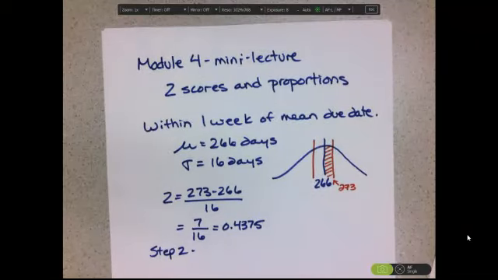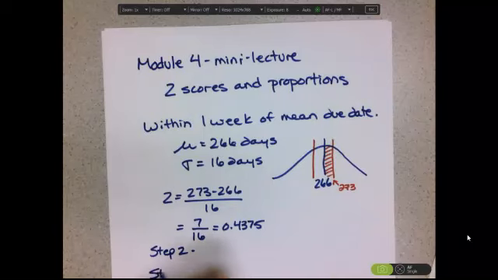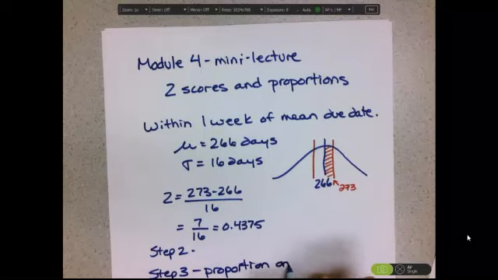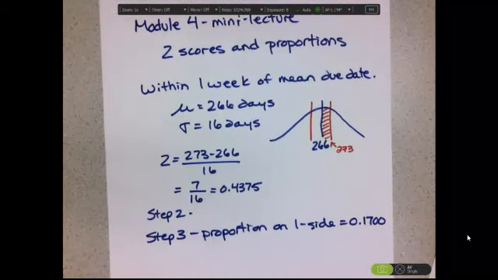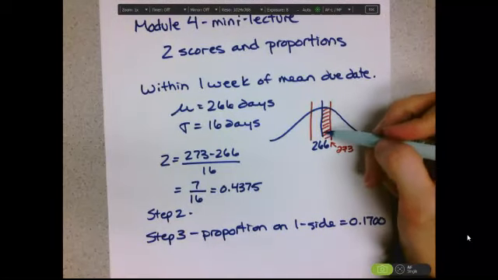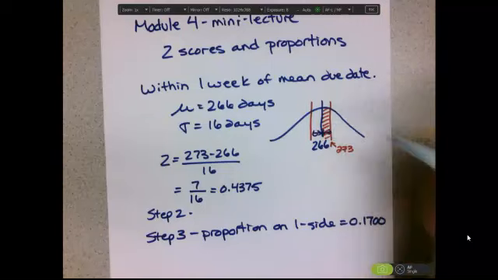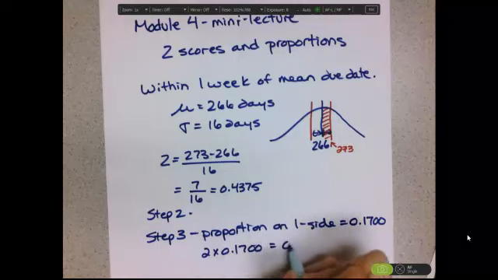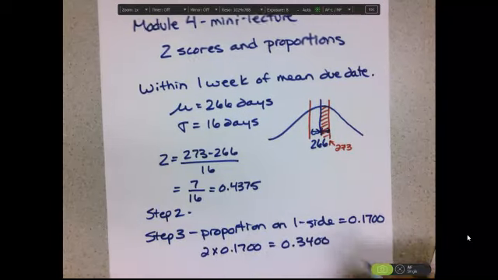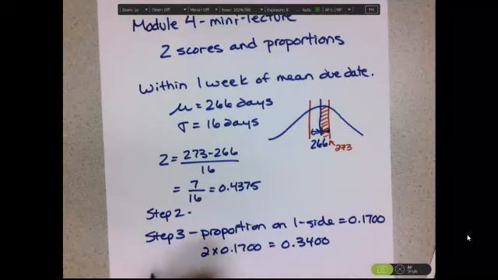So we've looked at the value in the table, and the proportion on one side is equal to 0.1700. To find the other side as well, we can just mirror image that. So now it's going to be 2 times 0.1700, and we can draw our conclusion.